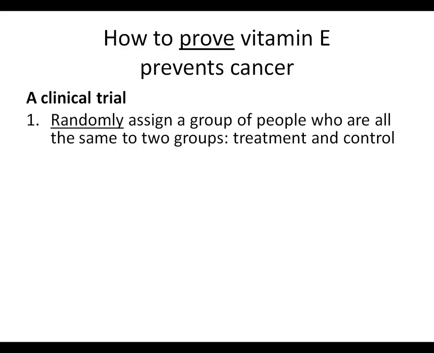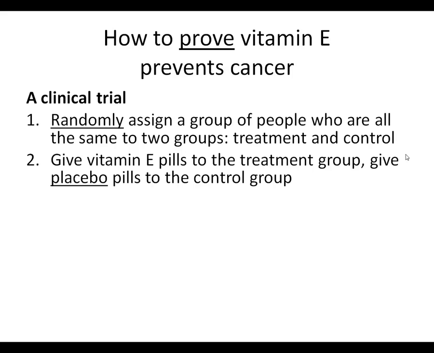One is the treatment and one is the control. You control who eats the high vitamin E and who eats the low vitamin E. You don't allow pre-existing factors that you don't know about to control that choice. Okay, so the experimenter controls the subjects.